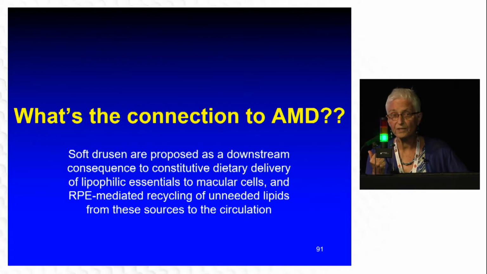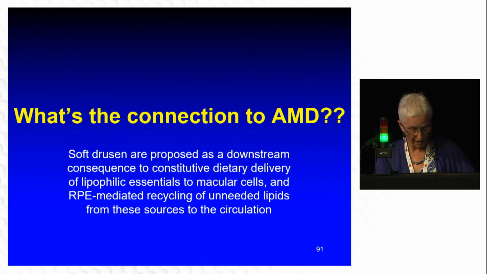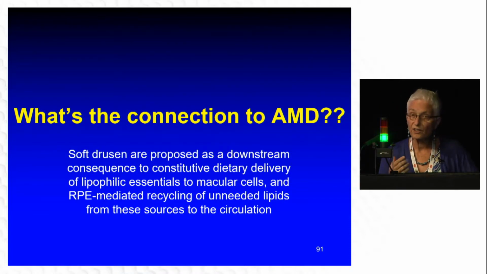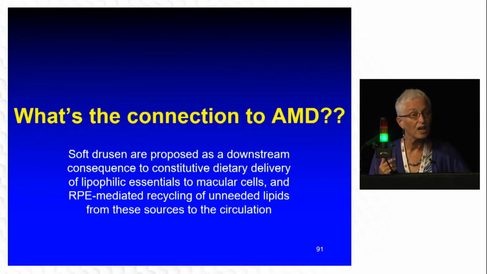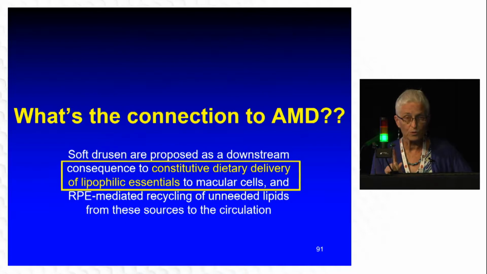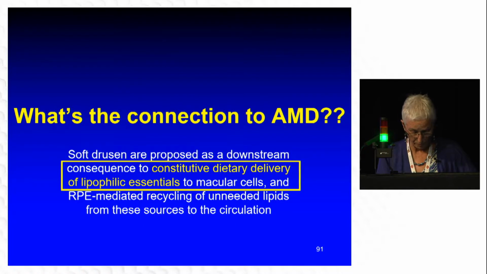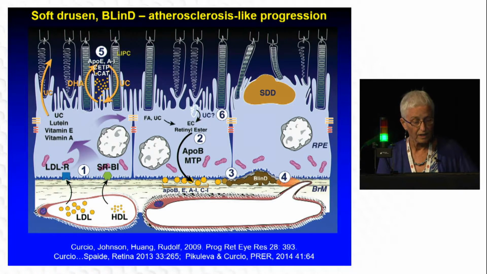These are the characteristic extracellular deposits, and our model is that soft drusen are a downstream consequence to the constitutive dietary delivery of lipophilic essentials to macular cells, and then the RPE-mediated recycling of unneeded lipids from these sources out to the circulation. And I want to focus on this one phrase in here, which is the constitutive dietary delivery of lipophilic essentials. So you should see where I'm going with that.